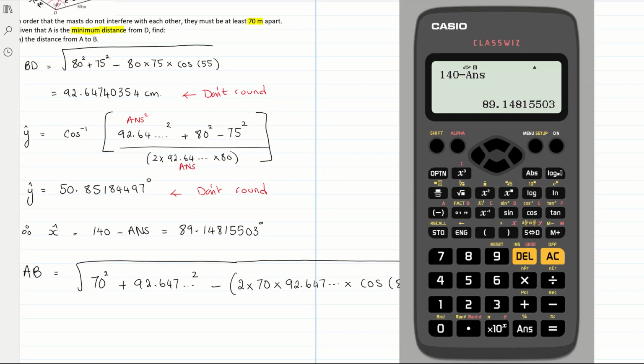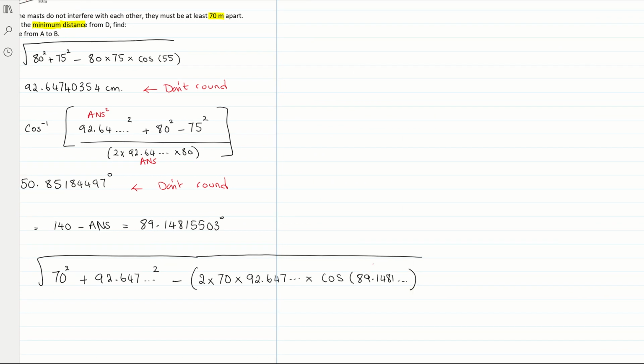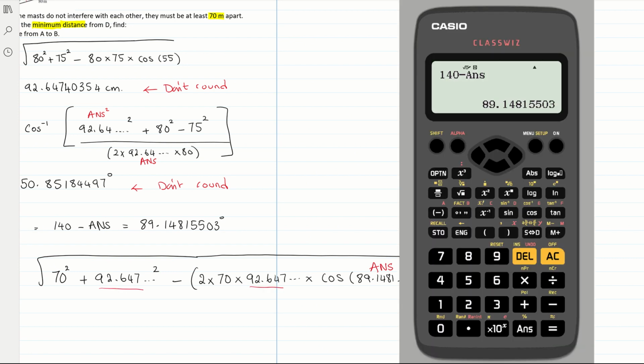Here the answer is 89 on my calculator, unless you've stored it, so I can use the answer button for that, but I'm going to have to write the other value fully.